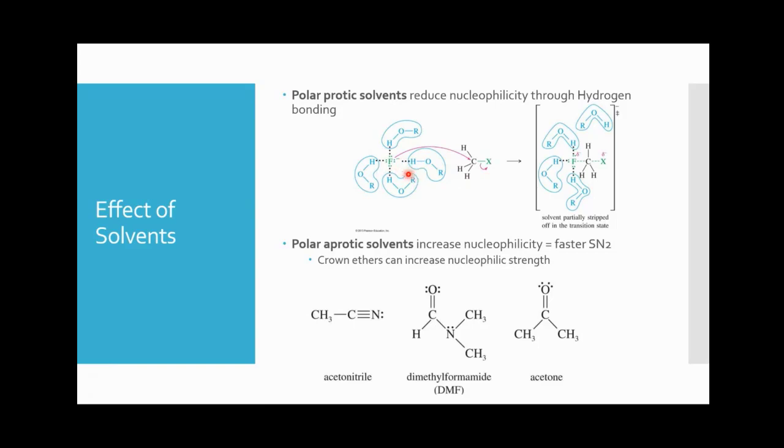With polar protic solvents, the hydrogen bonding can attach to the nucleophile, preventing it from attacking as fast. You can think of it that way. Polar aprotic solvents don't have the capability of hydrogen bonding as well as polar protic, so these are better solvents for SN2.